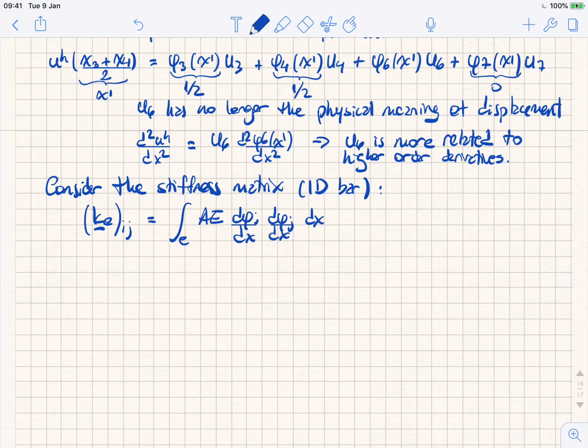But we never do that, do we? Do we actually integrate in physical space? We replace that integral, because we are actually working with a master element.